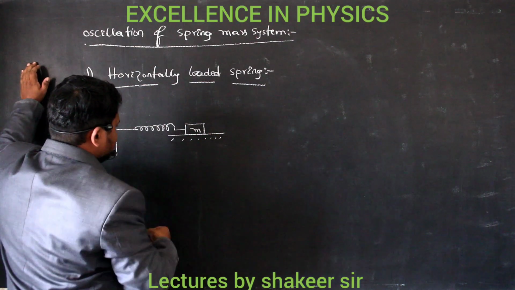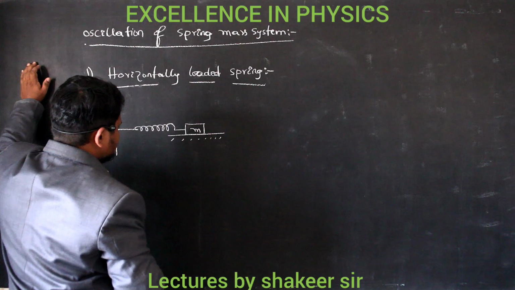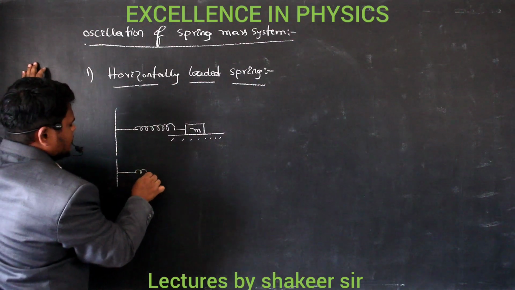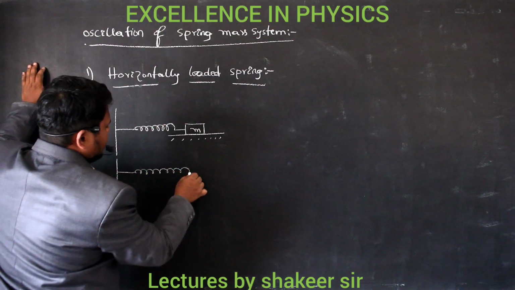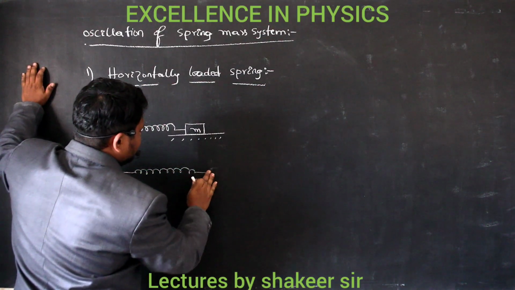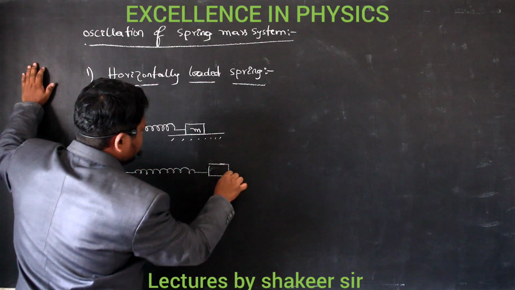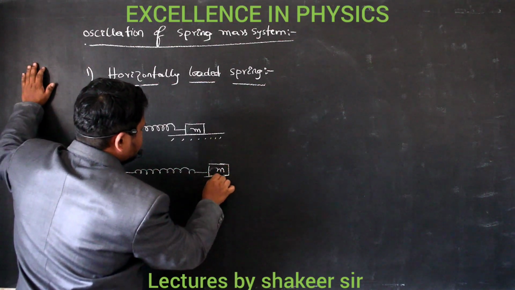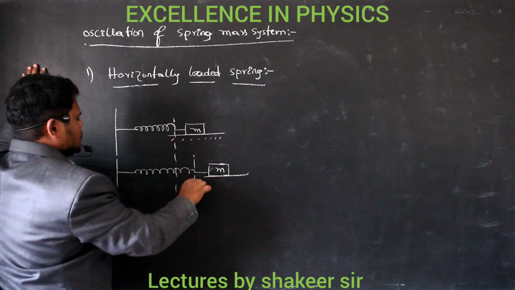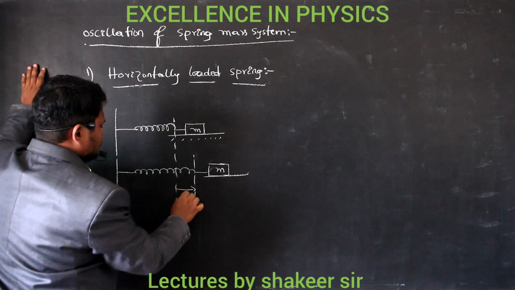Now if this spring is pulled by a small displacement of x, then for that condition how can I write the case? So this is the spring and it is being elongated by a small distance of x. This is the body of mass m.